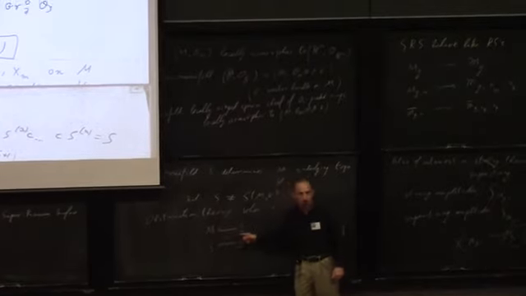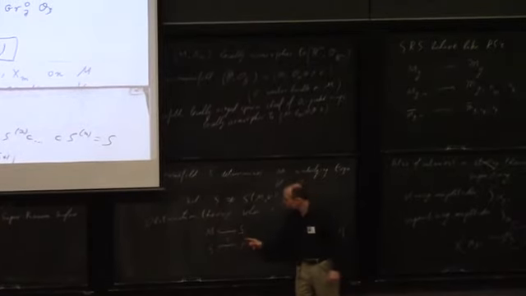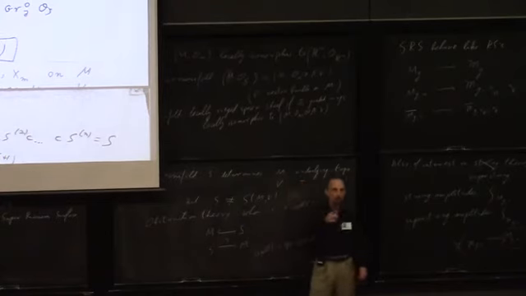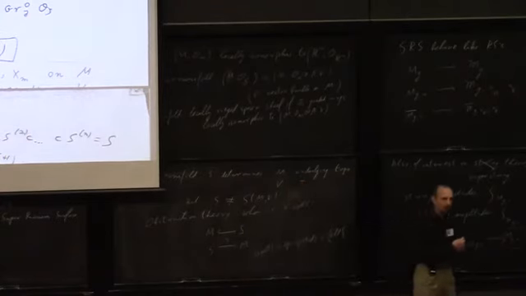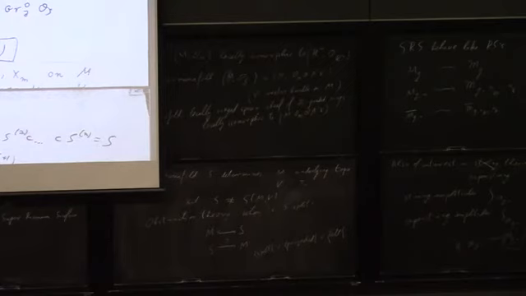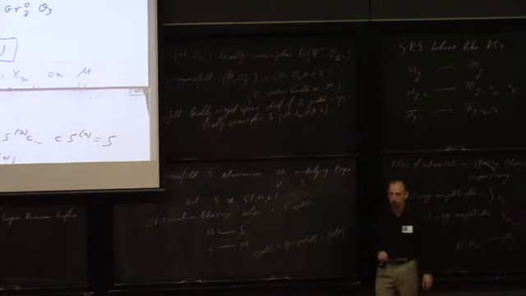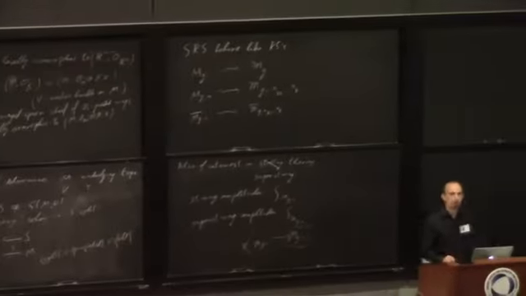So that means that you have an inclusion this way. But there's no reason to have a projection here, meaning a map of OM back into OS. Locally you do, but globally you may not. So if you do, you say that S is projected. So being projected is somewhere in between being split and being just a general supermanifold. So it's three levels of complexity of the supermanifold.